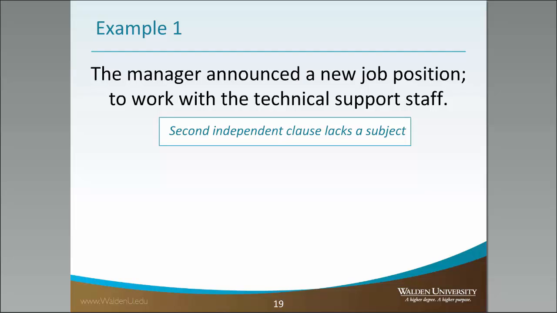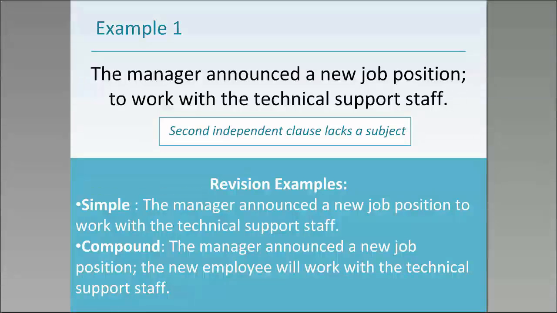And so when it comes to some of these more complex sentences, we often have multiple options for how to revise them. In this case, we could make it a simple sentence just by eliminating the semicolon. "The manager announced a new job position to work with the technical support staff." That's a perfectly good option for revising that sentence.